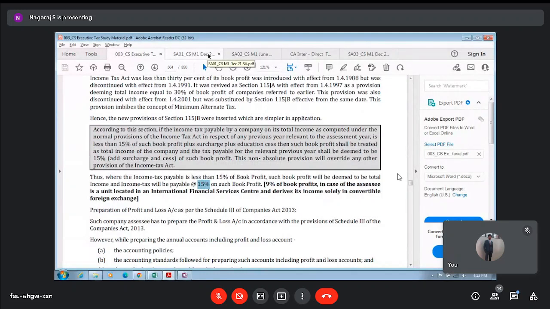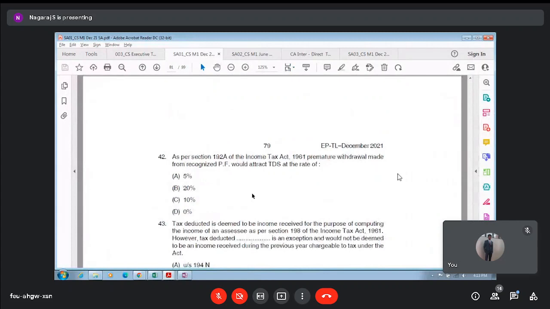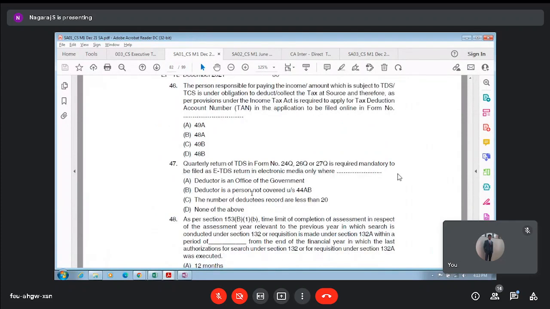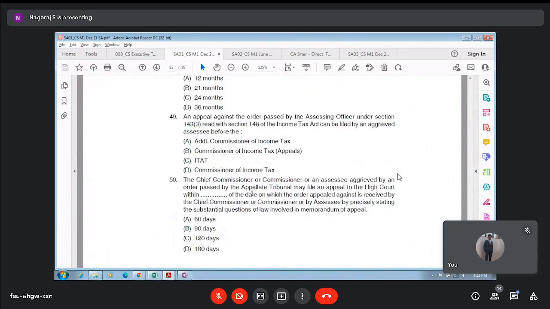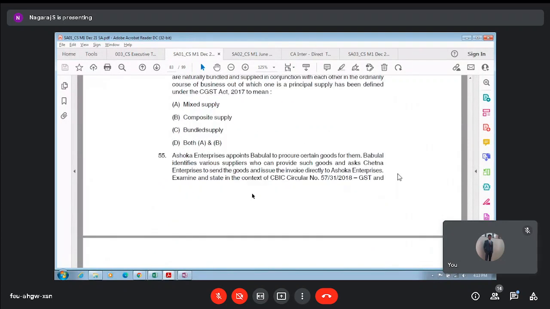Which question did I mark for MAT? I marked some questions now for MAT. June paper 44 question.